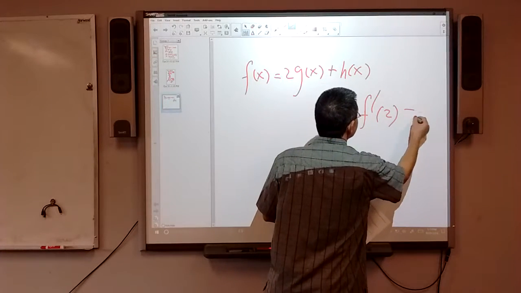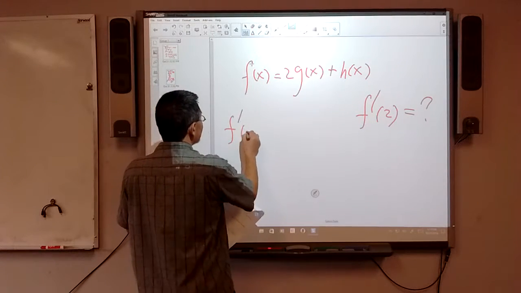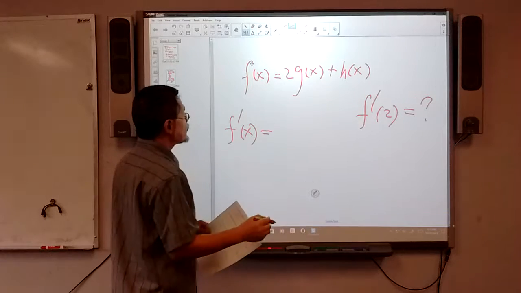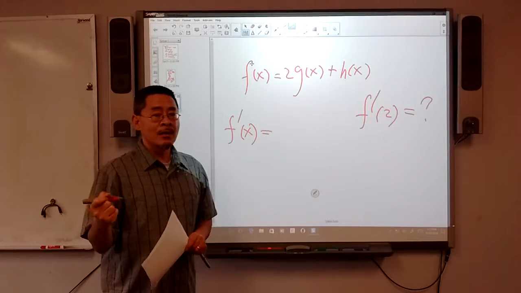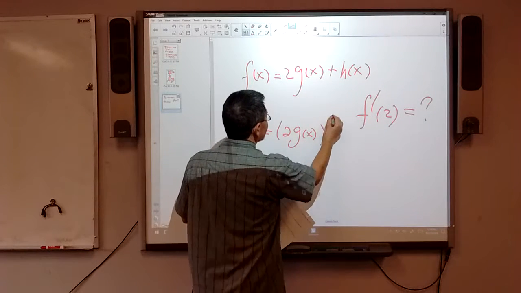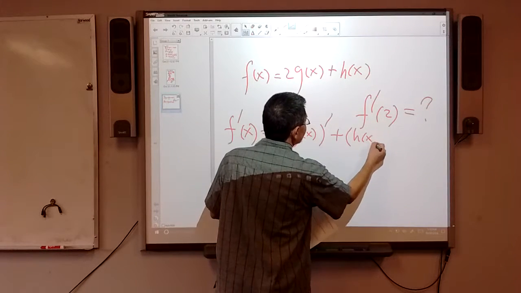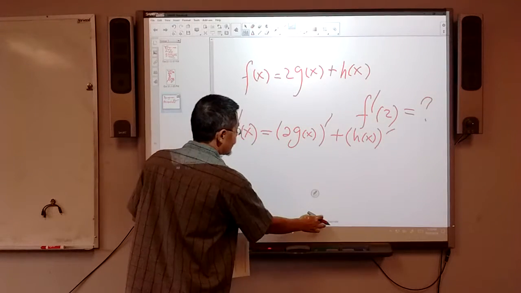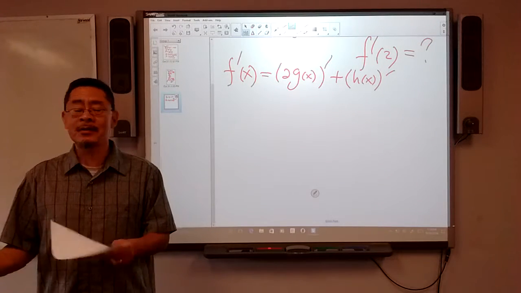So what we're going to do is take a derivative. What kind of rule are we using? Quotient? Product? Sum and difference. Yeah, the sum and difference rule.